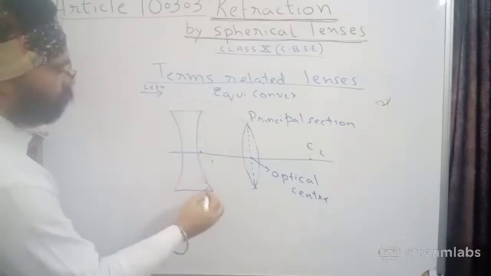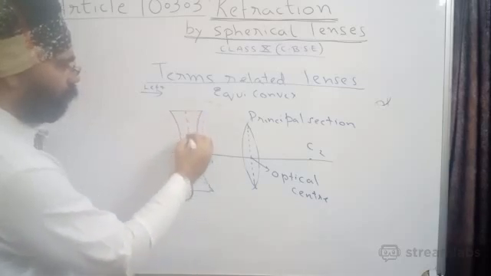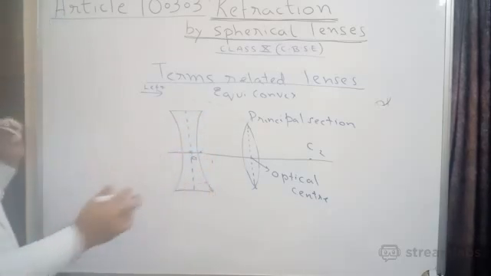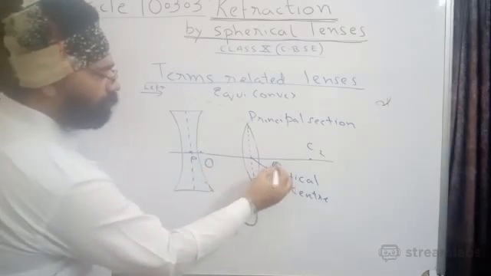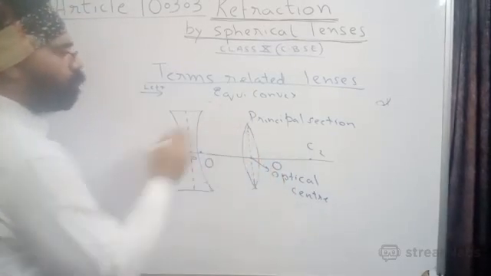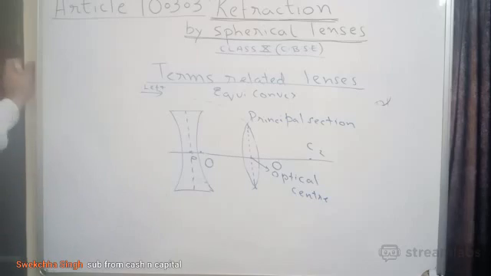The concave lens, biconcave, this is the optical center and this is the principal section. The optical center is represented by O. So everybody understood principal axis, principal section, and optical center.